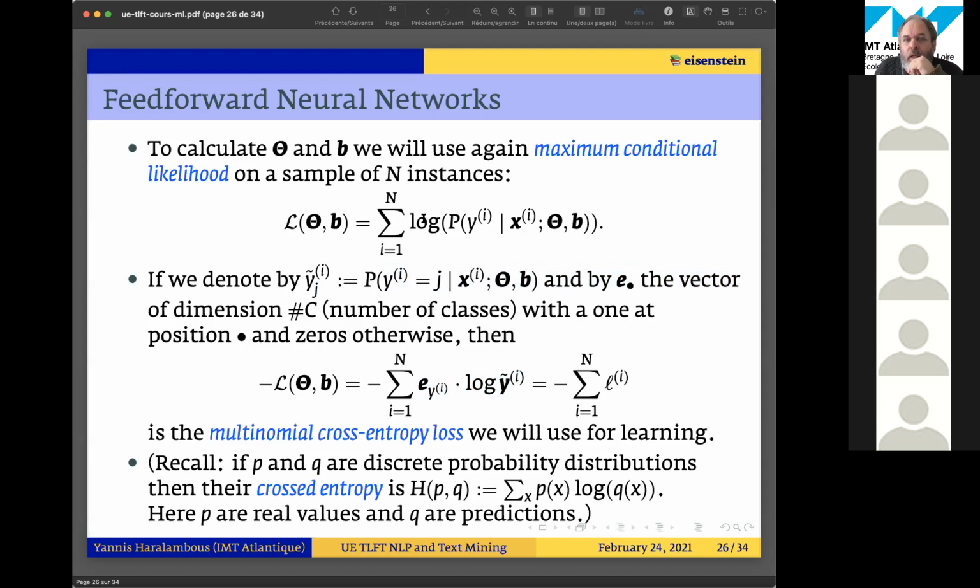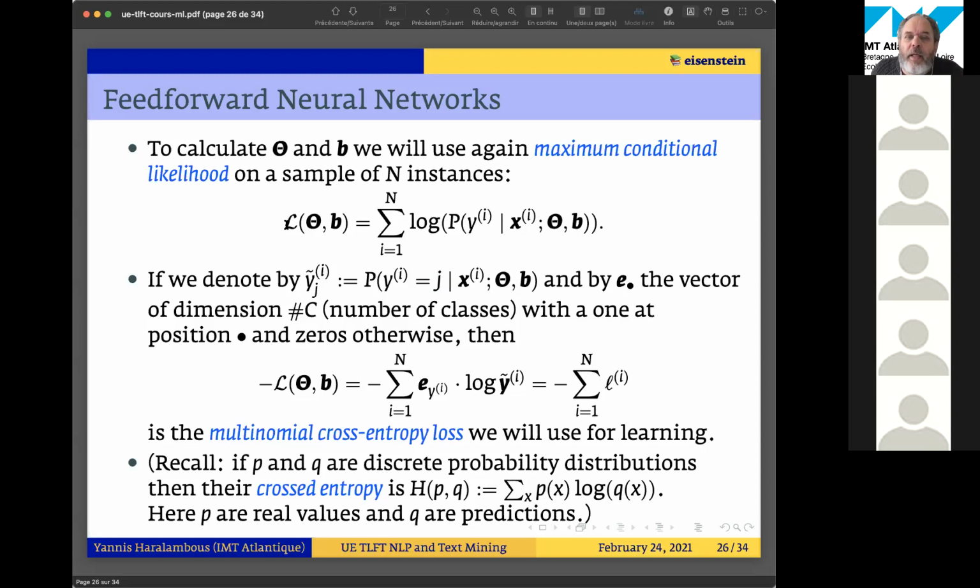Instead of taking just this expression, I produce a vector out of this, and this vector has one value for every j, and I multiply this vector by another vector, which is very simple. It has only one at a single position, but not just any position, the position which is the real class of individual I. If I take the scalar product of these two vectors, I get this thing.